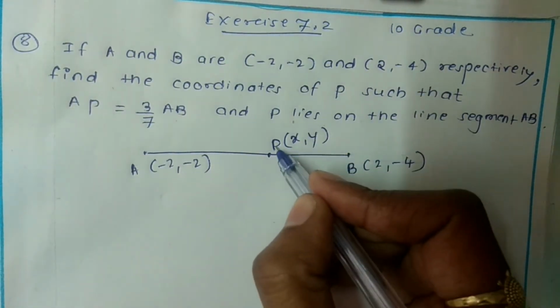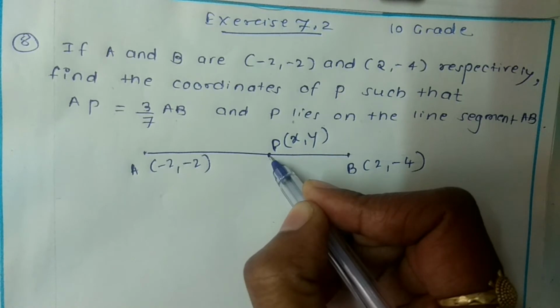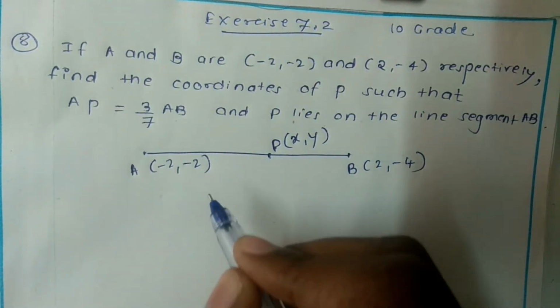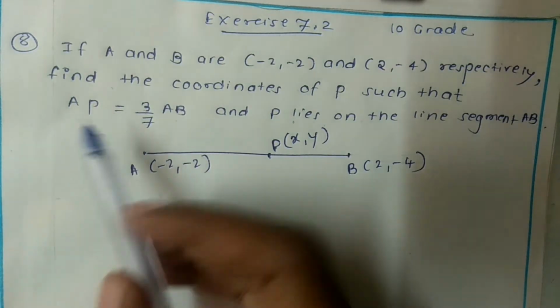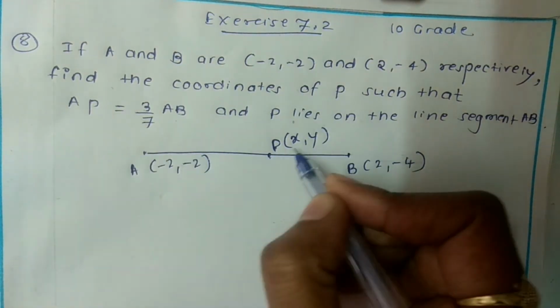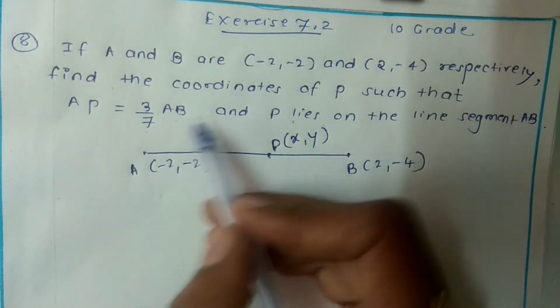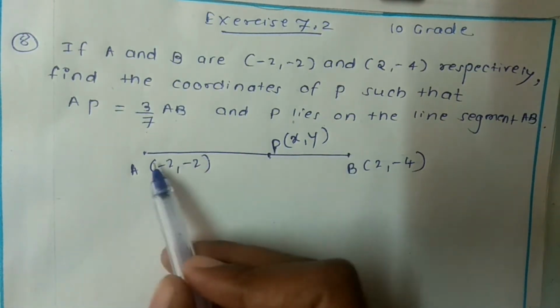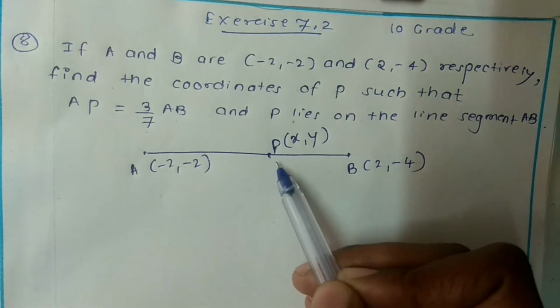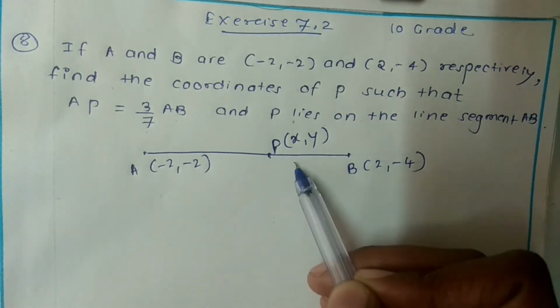To find the coordinates of this point of division, we must know the ratio. But the ratio is not given directly; it is given in a different form. They have given AP, the distance AP is 3 by 7 AB, in terms of AB, but not PB or BP.